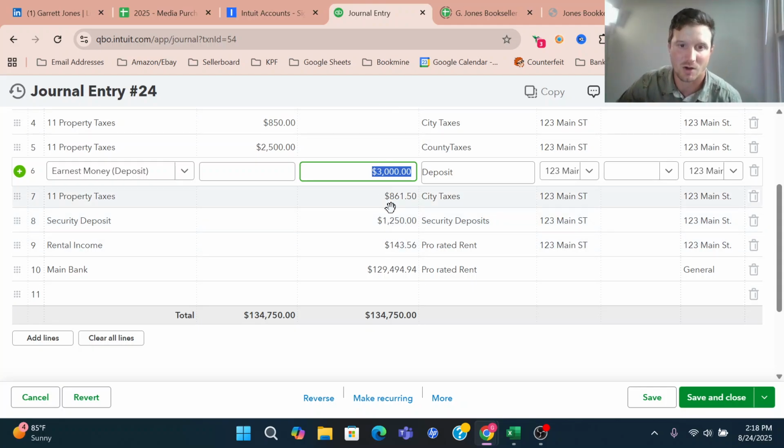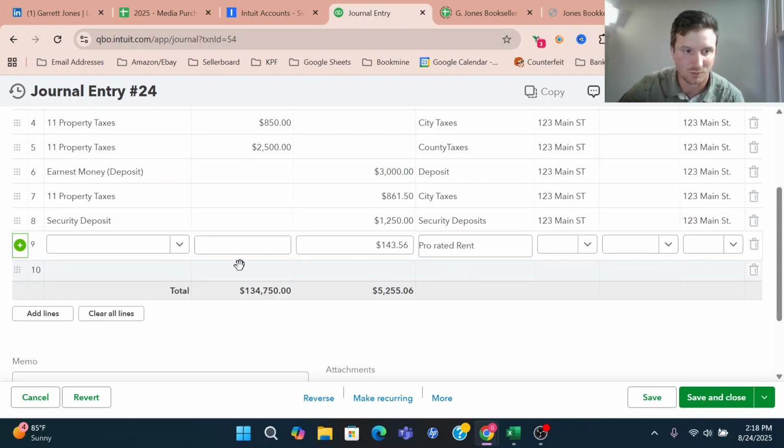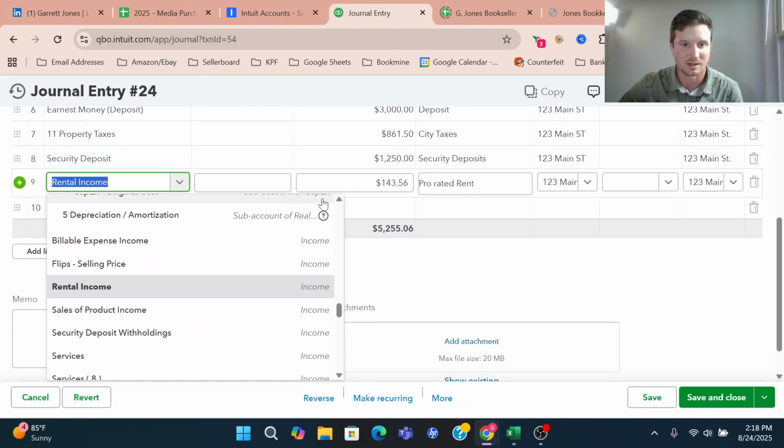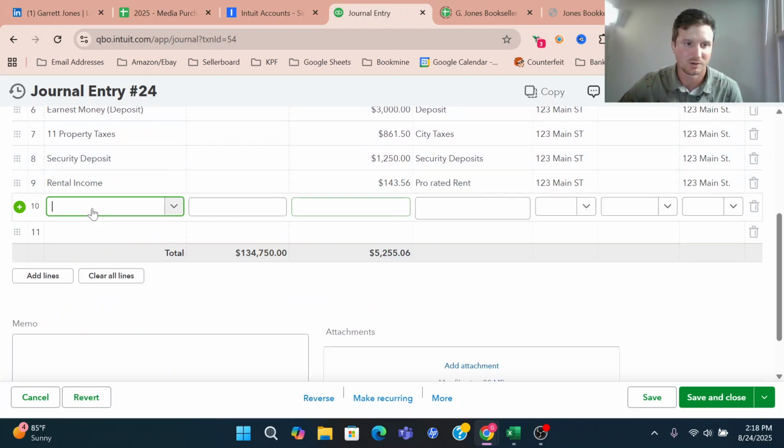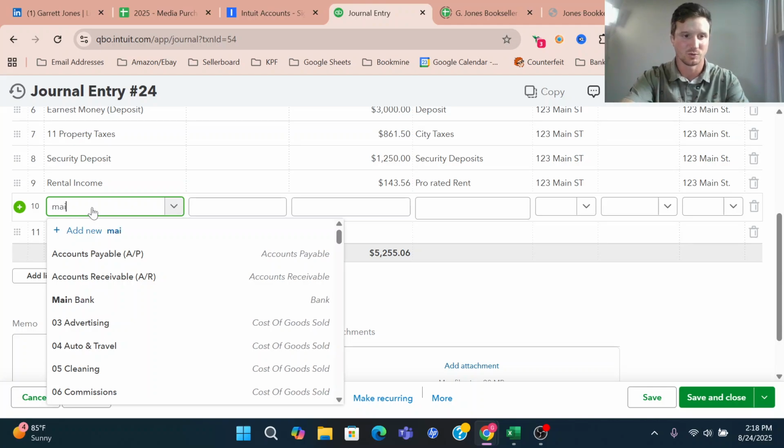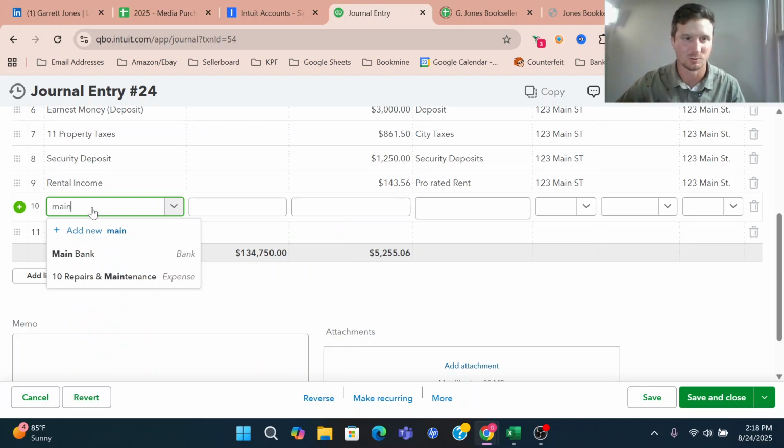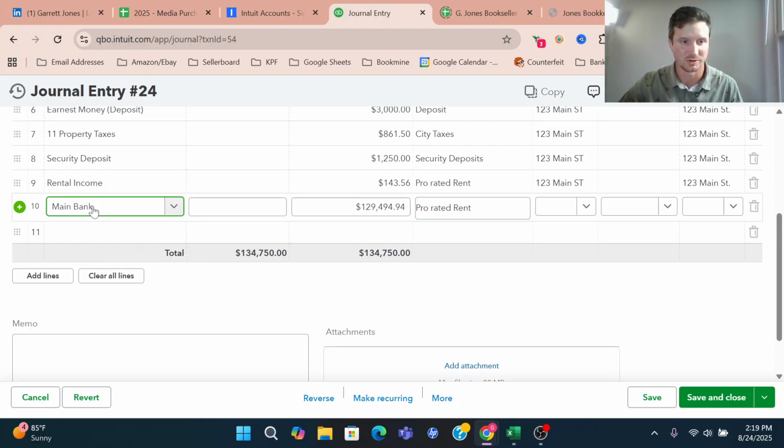Once you have all of this up, all you have to do, and we'll do this real quick, is tie it all together, because whatever's left is the cash you're bringing to the table. You just put your checking account and then boom, it'll auto-populate.